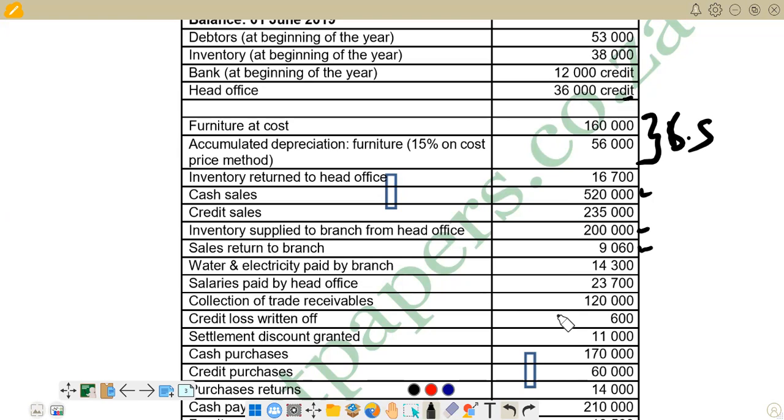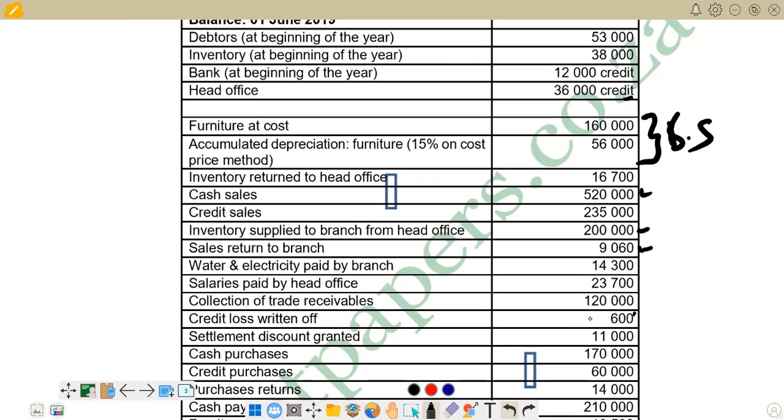Remember, the credit loss we put under operating expenses, and we do not have that account here. The corresponding entry is that it is going to be credited to the trade receivables account. And we do not have the trade receivables account in this question on the required part. So we are not going to enter that one. We skip that one. So we are not going to be worried about it.